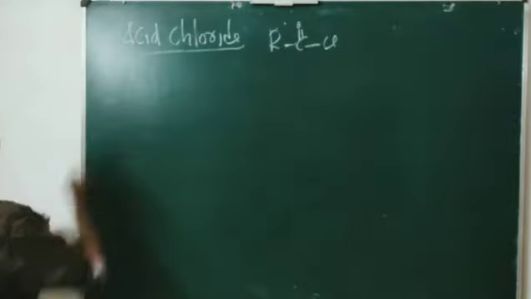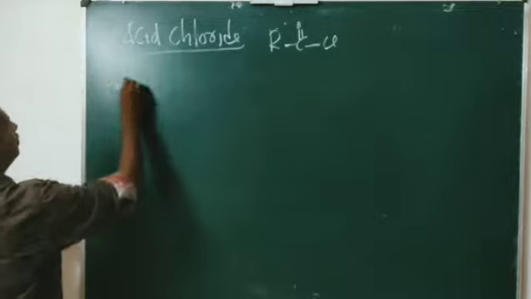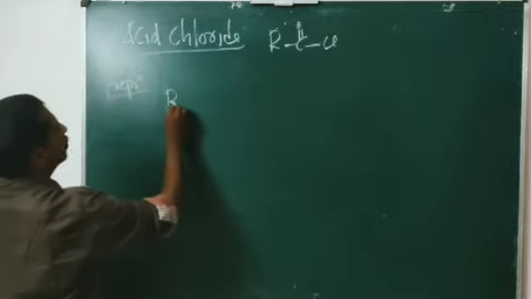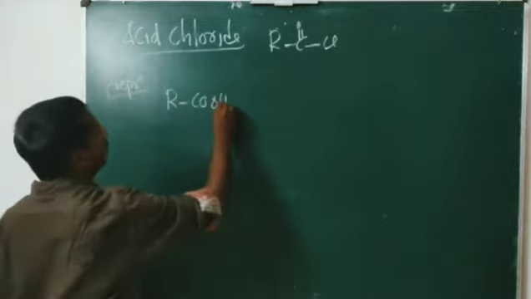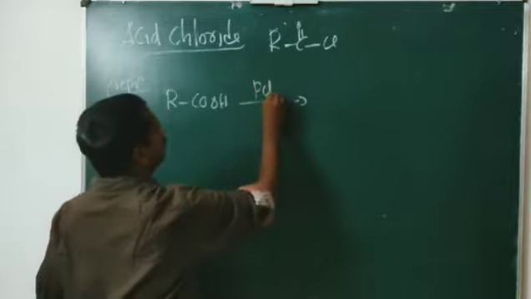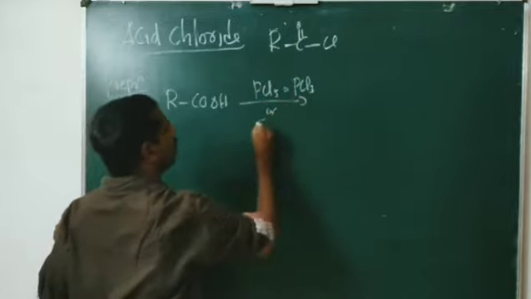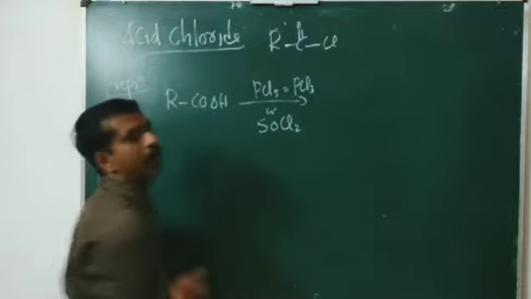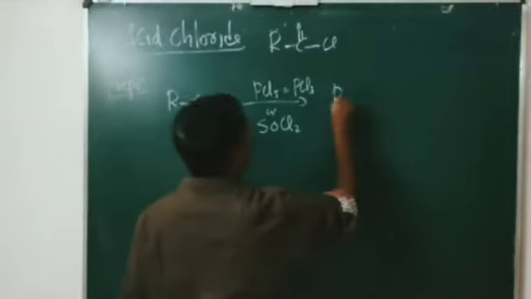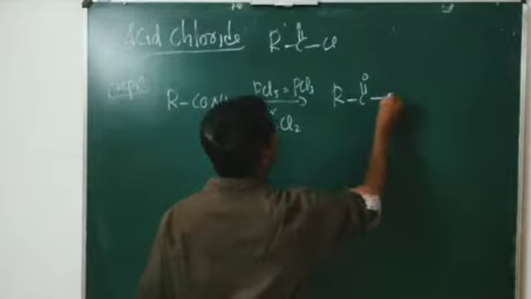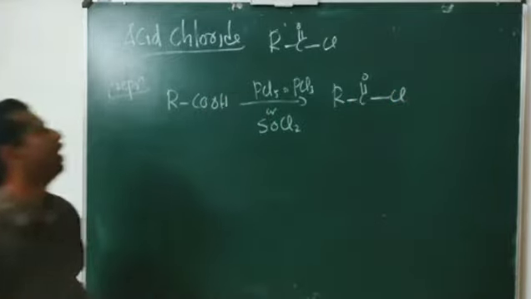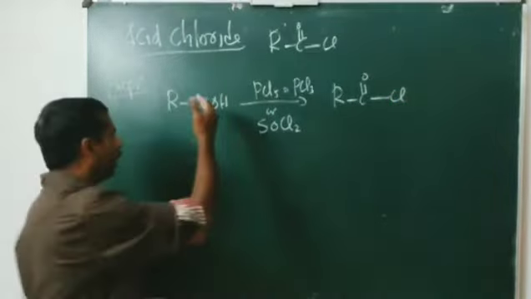Preparation: when carboxylic acid, RCOOH, is treated with PCl5 or PCl3 or SOCl2, this you have studied, we get RCOCl. This is the method of preparation of acid chloride from carboxylic acid.